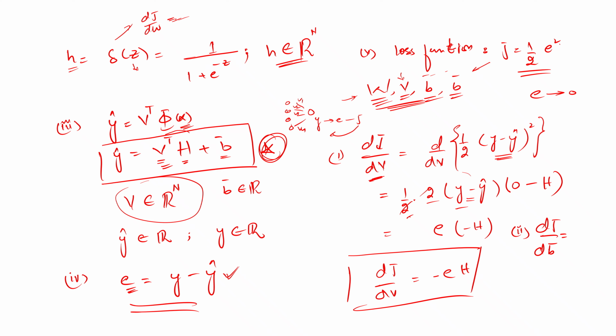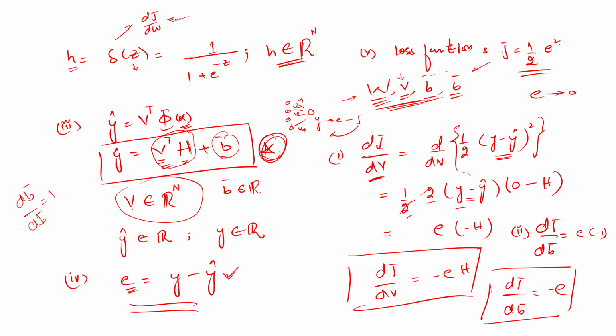In that case, this v transpose h will be 0 because b bar does not appear here. So we will be left only with the derivative of b bar with respect to b bar, which is 1. So what we will get here is e times minus 1. So the derivative of the loss function with respect to b bar is equal to minus e. So these were the gradient derivations of the output layer.